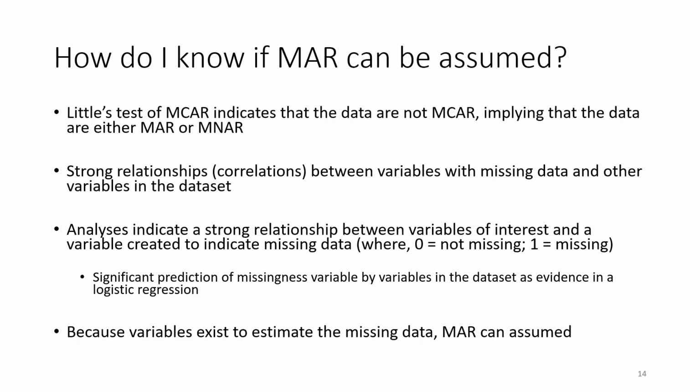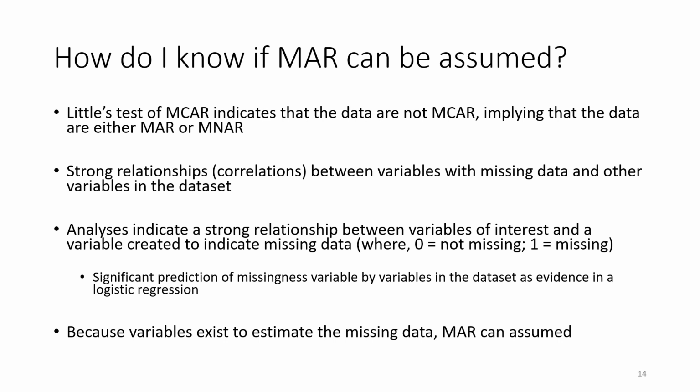So how do I know if the missing data are missing at random? Well, first, assuming that we run Little's test, and it indicates that the data are not missing completely at random, then we would assume that they're either missing at random or missing not at random. And of course, we hope that they're missing at random because that means we can do something to correct the problem.